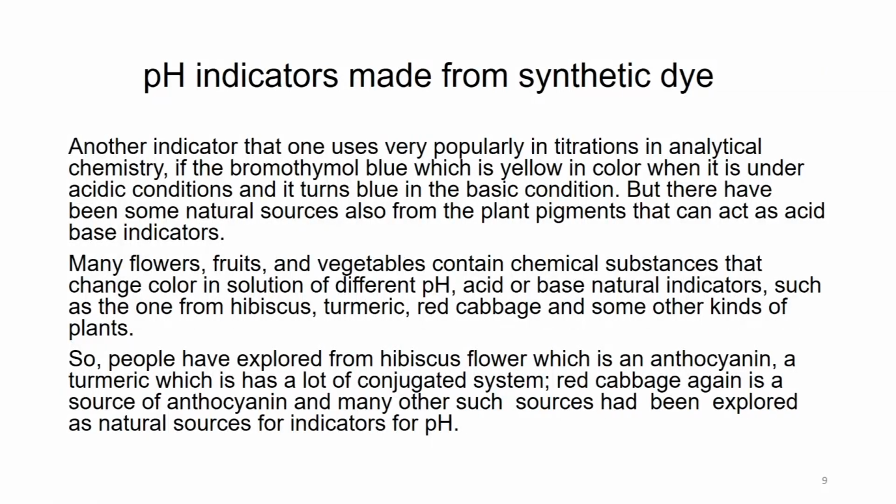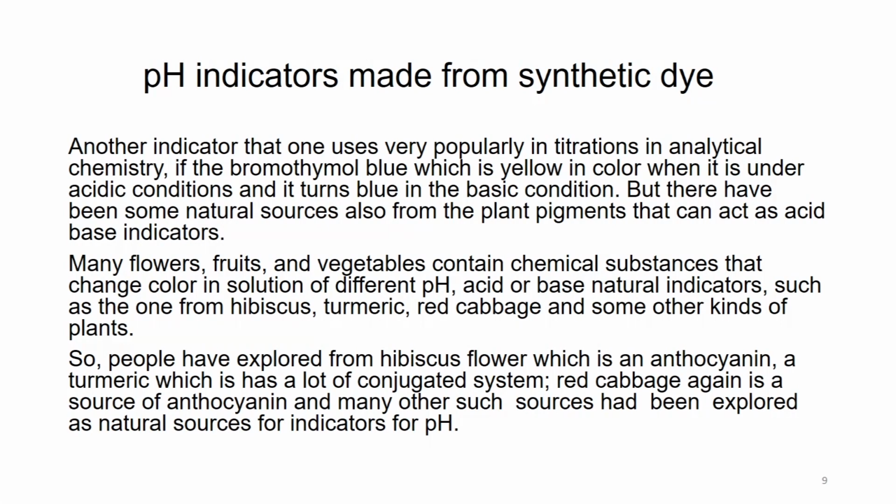pH indicators made from synthetic dyes. So, the litmus paper and pH paper actually have synthetic dyes. Another indicator that one uses very popularly in titration in analytical chemistry is bromothymol blue, which is yellow in color under acidic condition and turns blue in the basic condition.